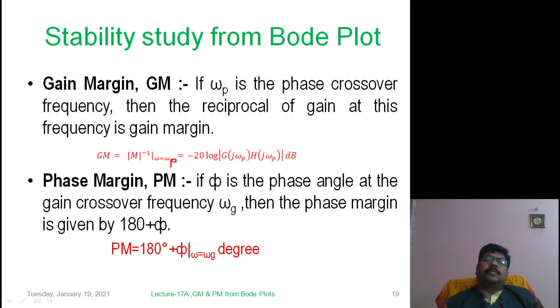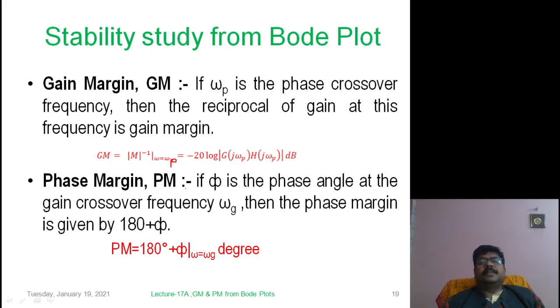Since magnitude is in log, it will simply be minus 20 log of the magnitude of G(j omega p) H(j omega p) in dB. This is the mathematical way, but from the graph you can directly find it out.